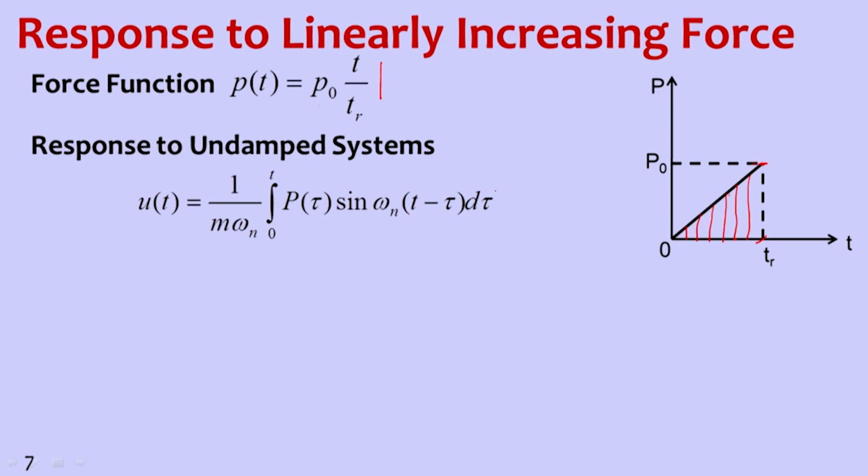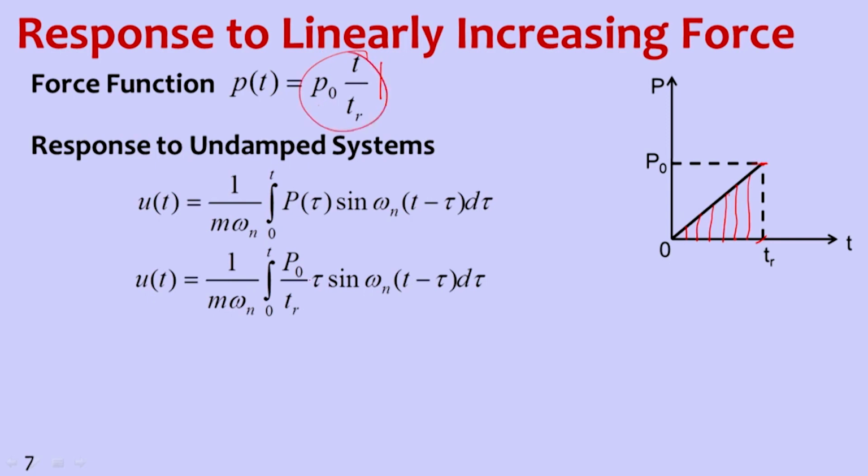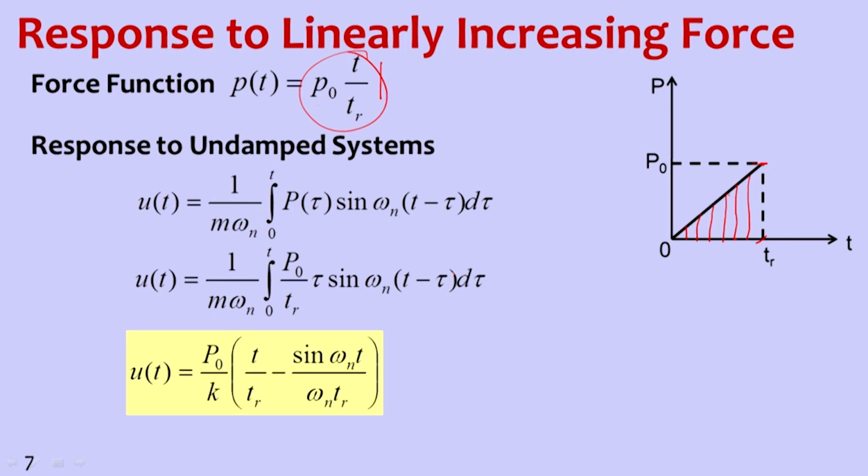Substituting the force value, P0 by Tr, with t now tau, sin omega n (t minus tau) d tau, the response will be P naught by K, t by Tr minus sin omega n t by omega n Tr.